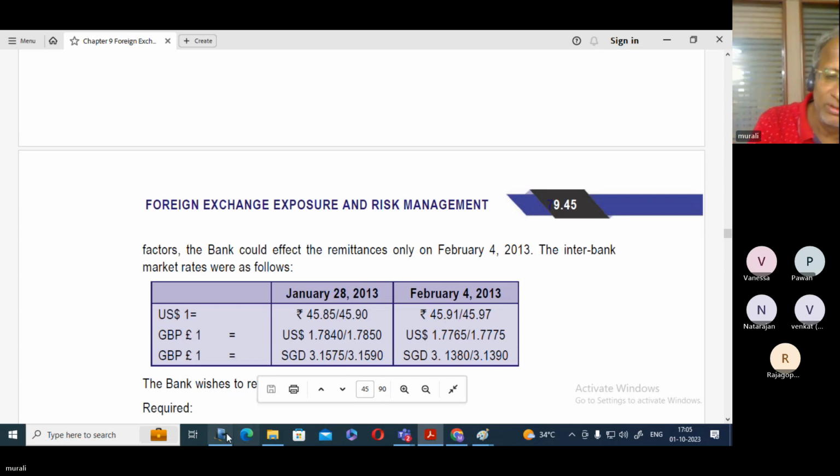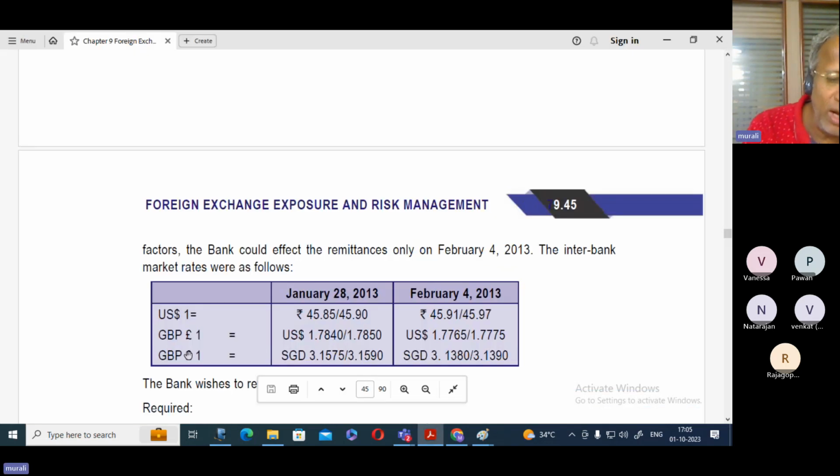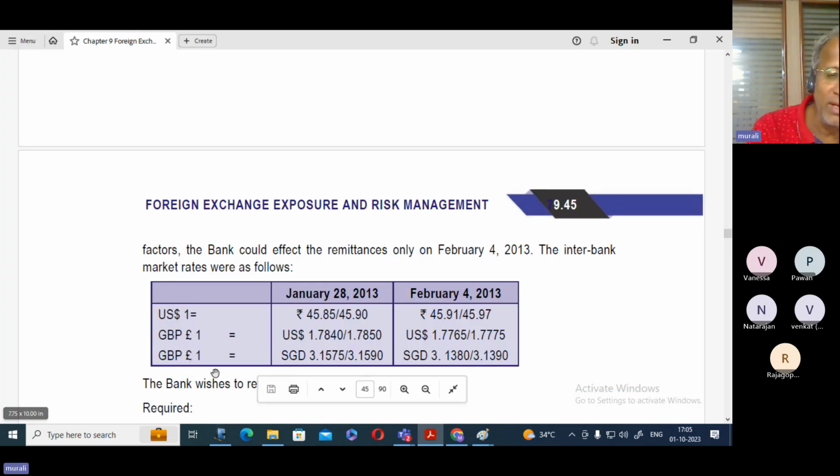Whereas here it is the opposite. The quote is for 1 GBP, whereas the transaction is that I have to buy. So what am I expected to do? Instead of saying buy SGD, I have to sell pound sterling, and I have to sell pound sterling only at the bid rate.